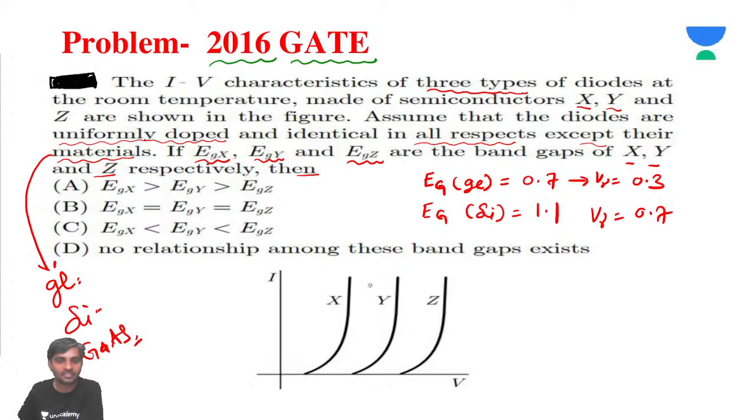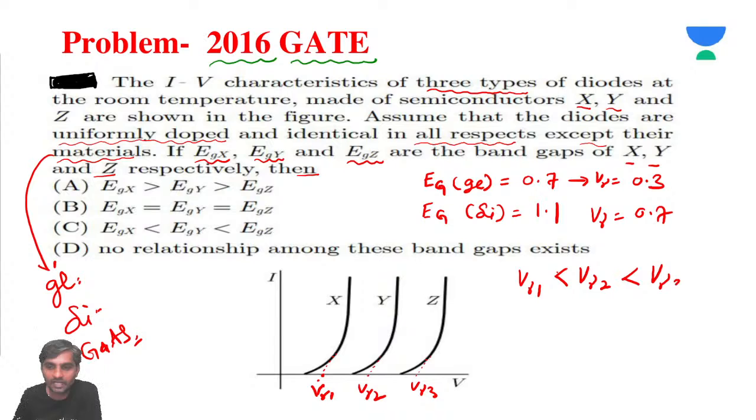So in VI characteristics, we always calculate the cut-in voltage. So this is going to be V gamma 1, V gamma 2, V gamma 3. We know that V gamma 1 should be less than V gamma 2, which should be less than V gamma 3.